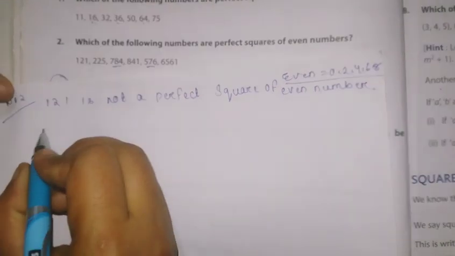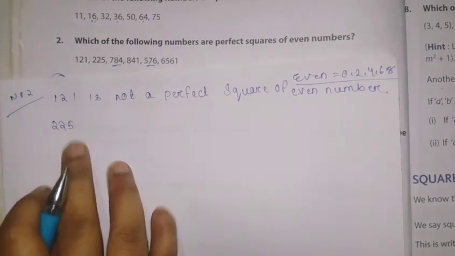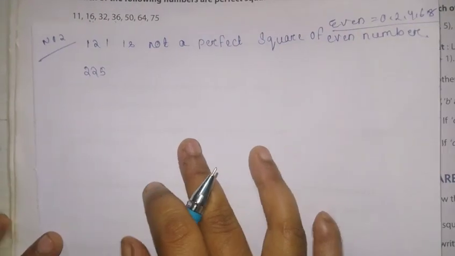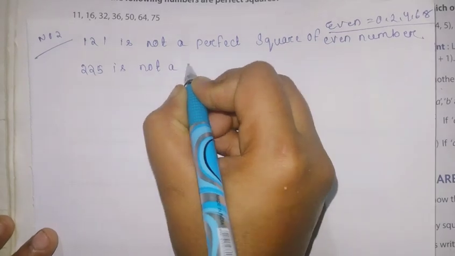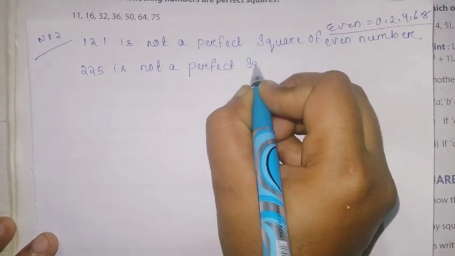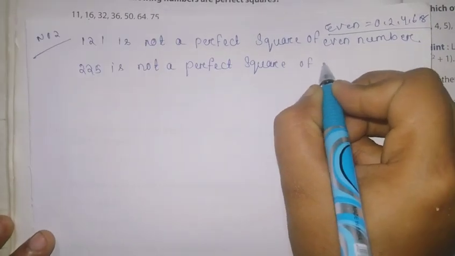Then 225. Its unit place is 5, so it is not an even number. So 225 is not a perfect square of even number.